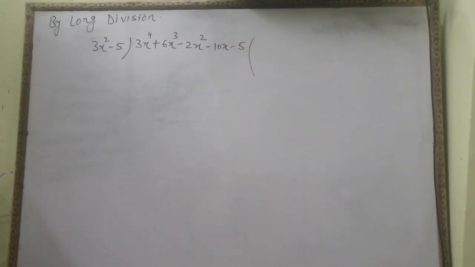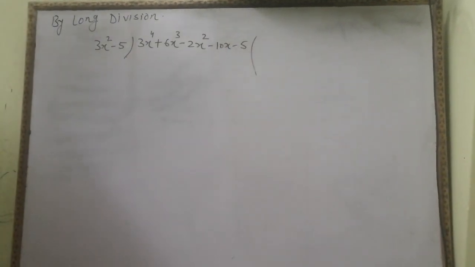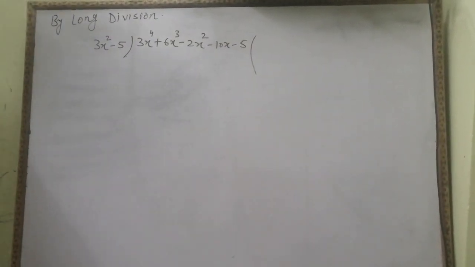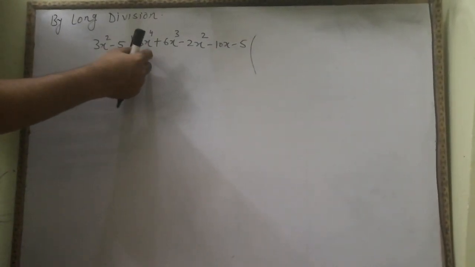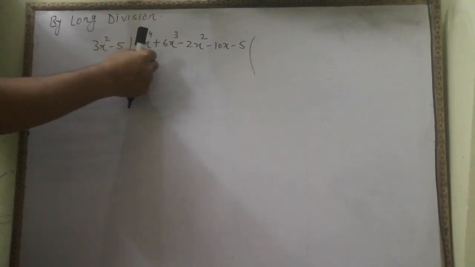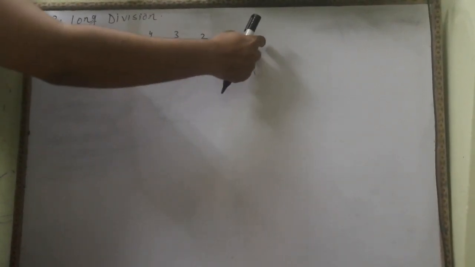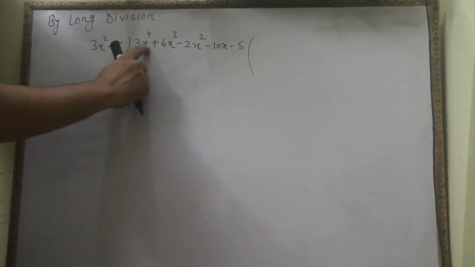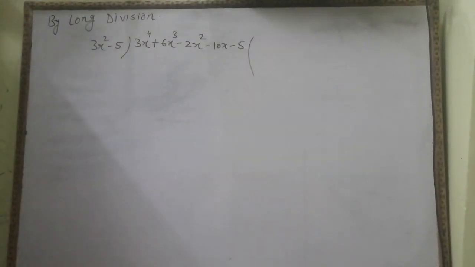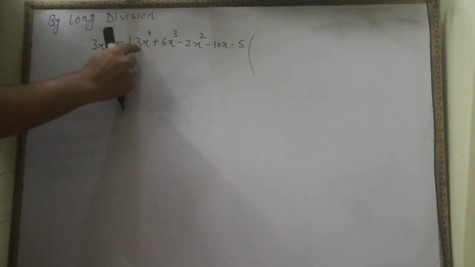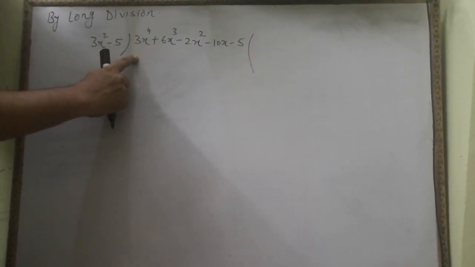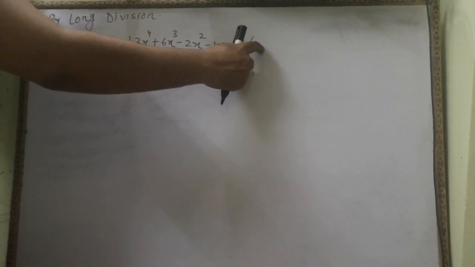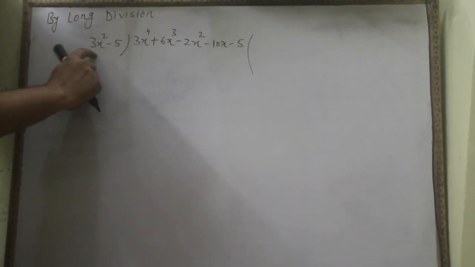This is the minimum thing. As we know the process of division, first we will match the terms. Here we will minimize each term of this polynomial by multiplying something with this polynomial and then cancel out the term of this polynomial. So first, just below the term 3x to the power 4, we need to write something to multiply this polynomial.